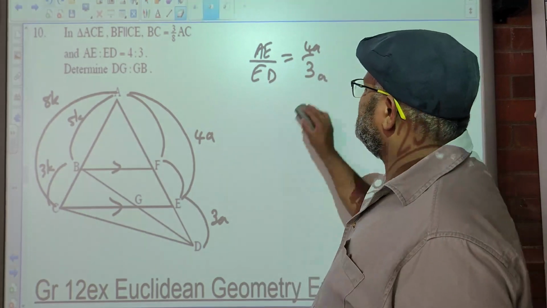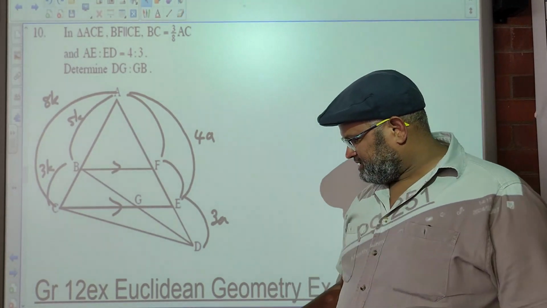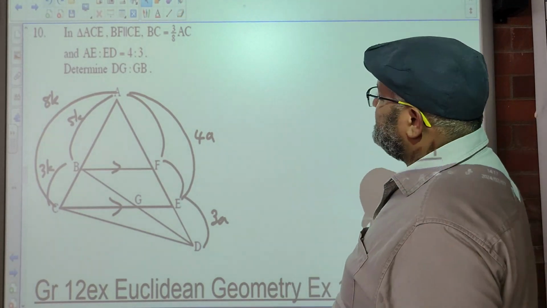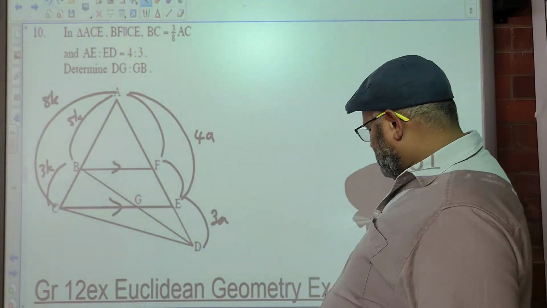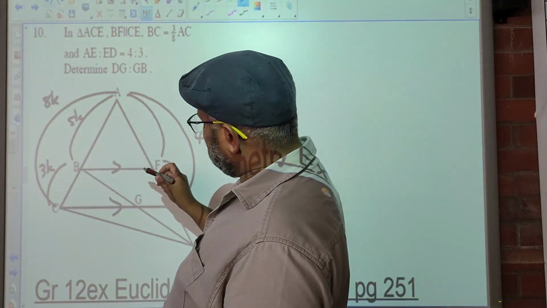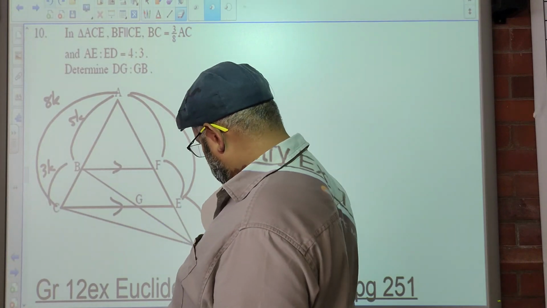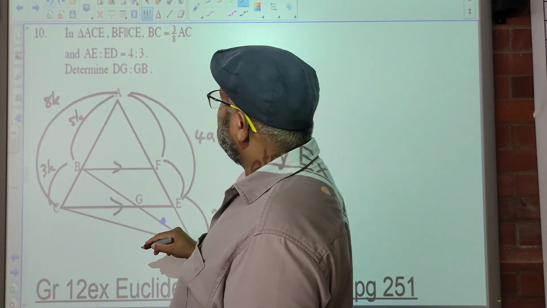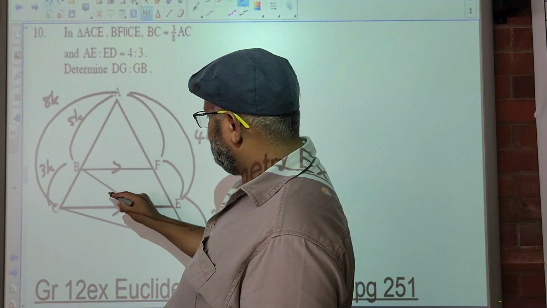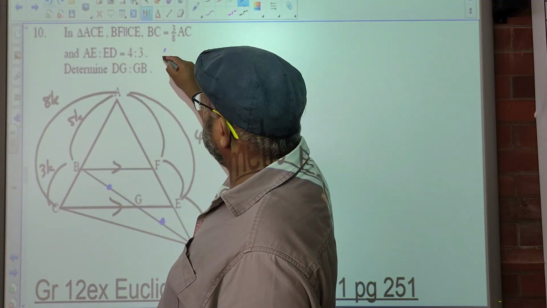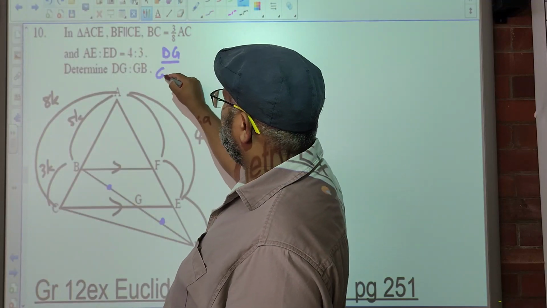The diagram is very busy, no? Determine DG. So DG, I'm going to put the dot there. DG is to GB. You all agree it's the same as working out DG over GB?